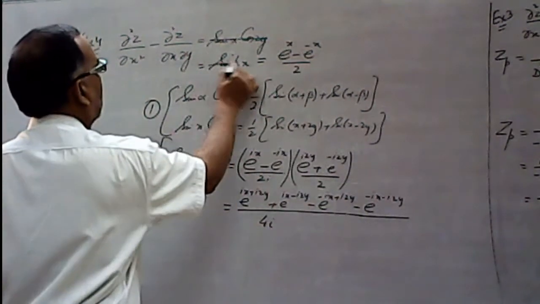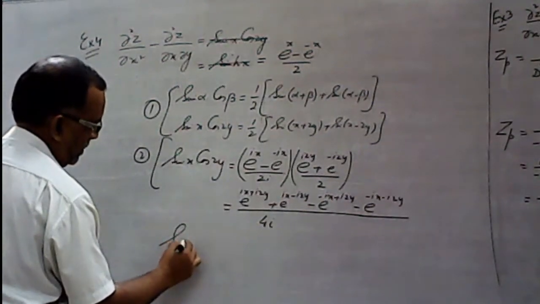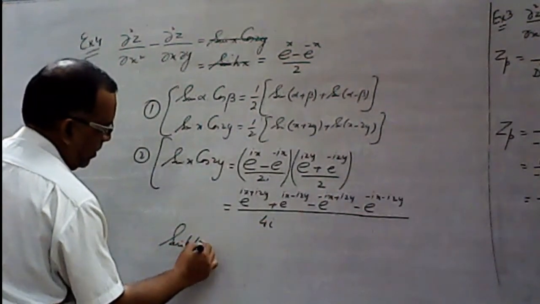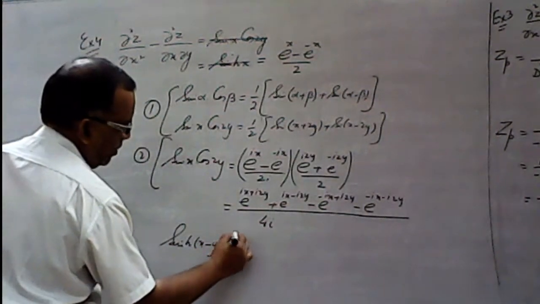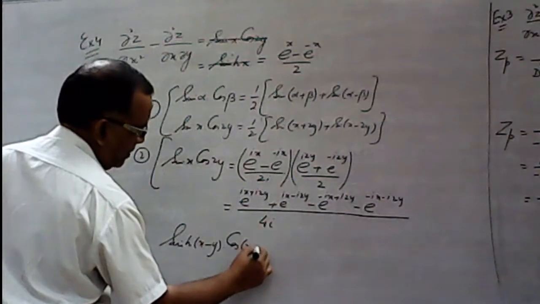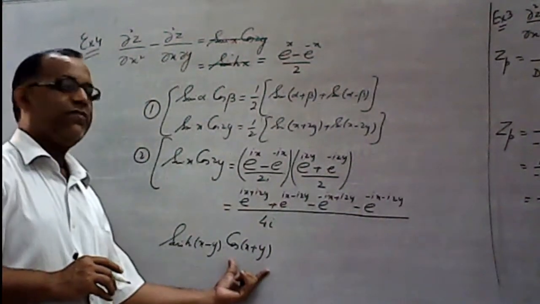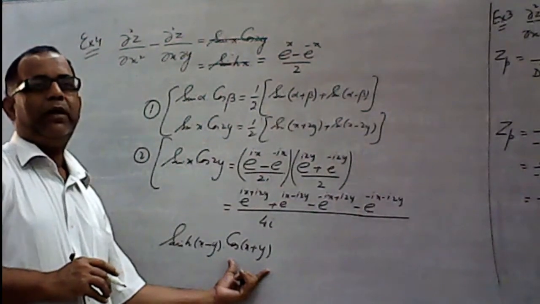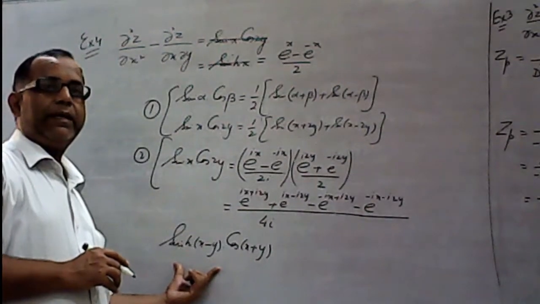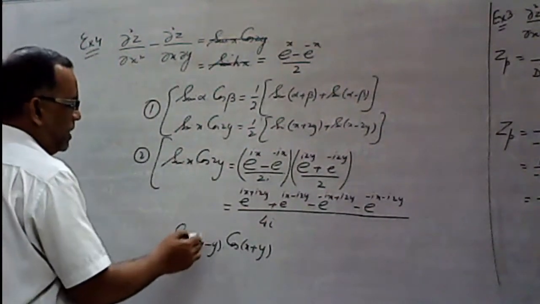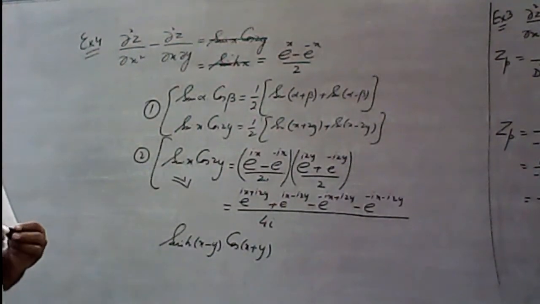Let's say we have a term like sinh(x−y) cos(x+y). One term is hyperbolic, one is circular. Still method 2 is not applicable directly, but if I substitute these values as in this one, then again it is possible to solve.